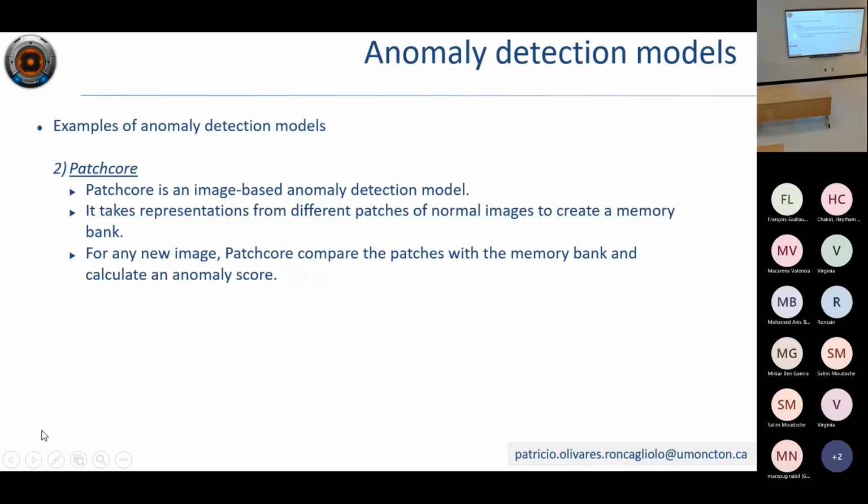Whenever there is a new input image, PatchCore will compare the patches of your new image to the memory bank, which includes the features that you learned from your training data, which you have to remember is the normal data. Whenever there is a far distance between the new sample and your memory bank, that will be flagged as an anomaly, and it will produce an anomaly score in that case.